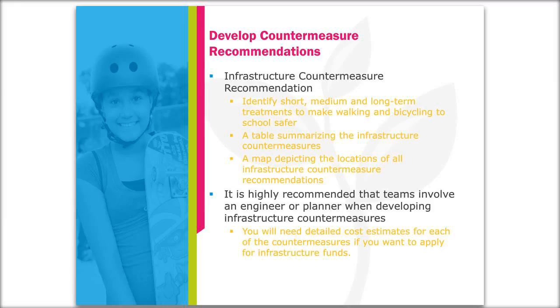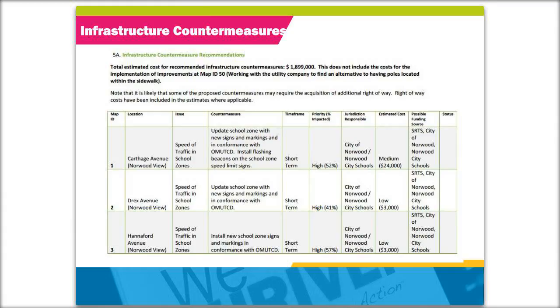This information is going to be needed when you apply for the infrastructure funds during the ODOT Safe Routes to School grant application. So it's helpful, as you're developing your school travel plan, to go ahead and get those detailed cost estimates and to involve an engineer or planner to make sure what you're recommending is feasible and meets all the codes and regulations.